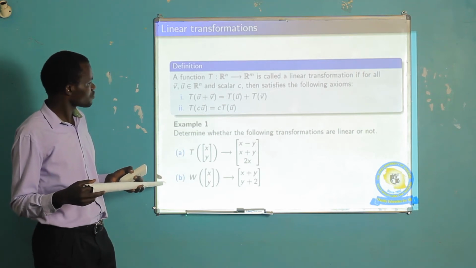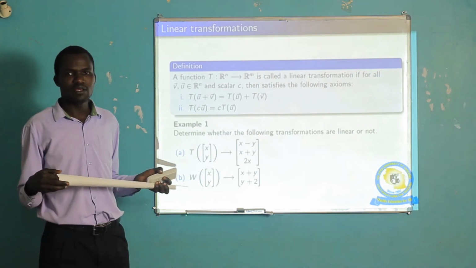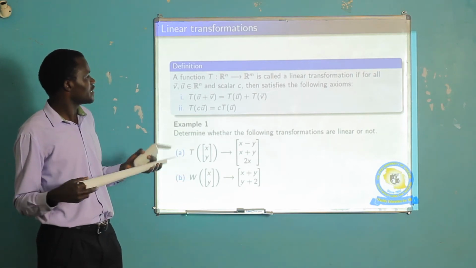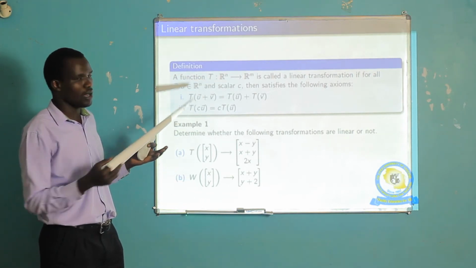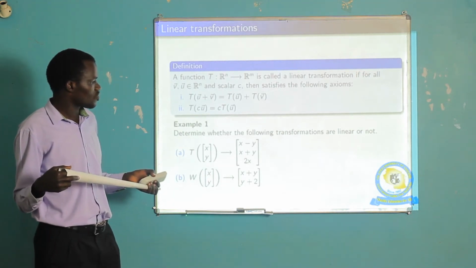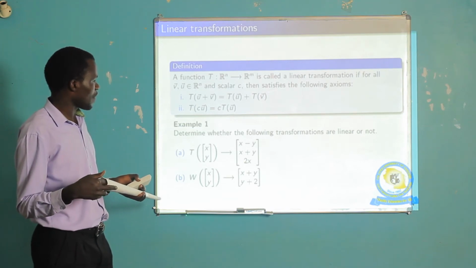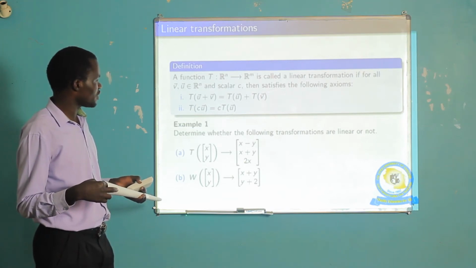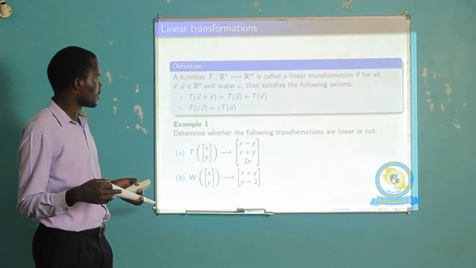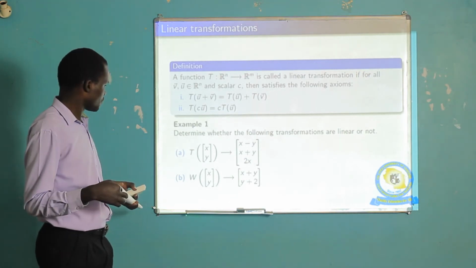And therefore, the vectors u and v should be elements in the first vector space Rn. So here is one example to determine if the following transformations are linear or not.